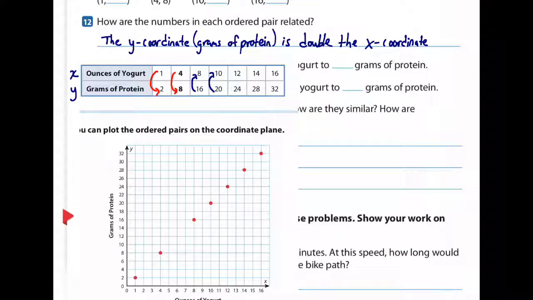And we know the x coordinate was ounces of yogurt. OZ is the abbreviation of ounces.